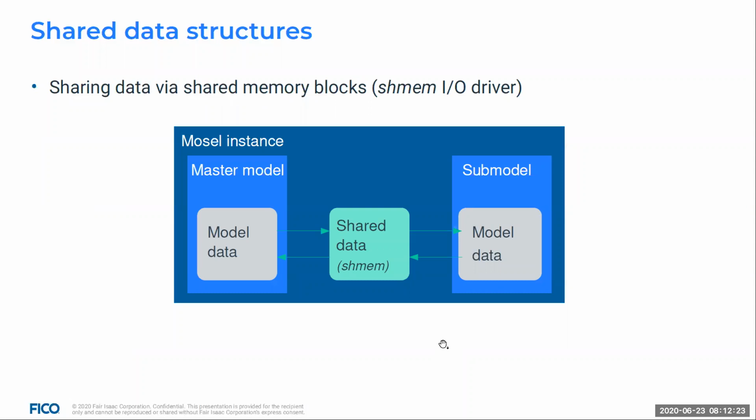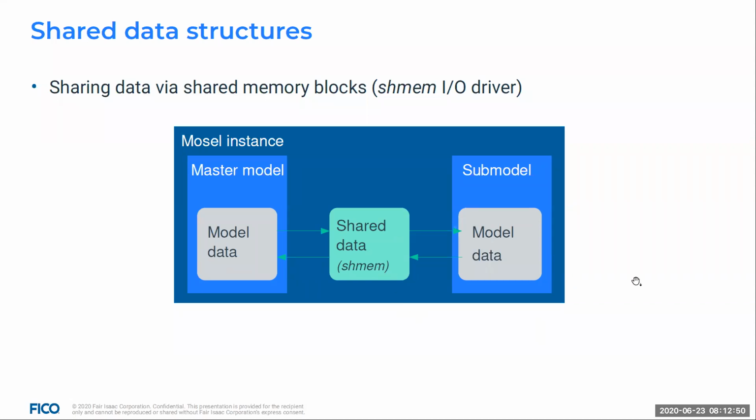So this is the picture of what we have had so far. Within a Mosel instance, I have a master model that has some data. Then via the SHMEM, so the shared memory driver of the mmjobs module, I can copy this data into some location that is accessible by other models. And then I have a submodel started by this master running within the same Mosel instance that can access the data.